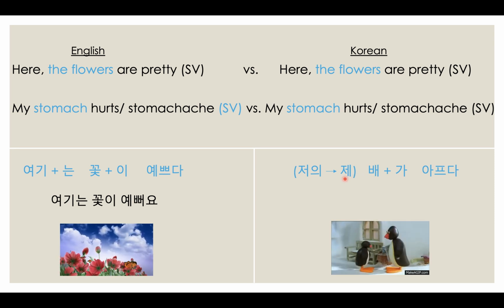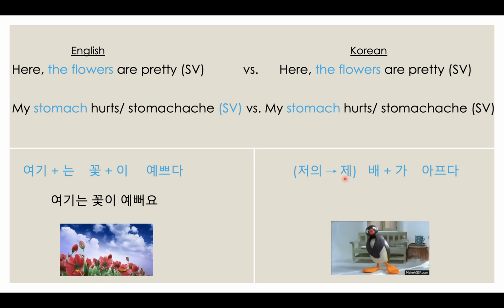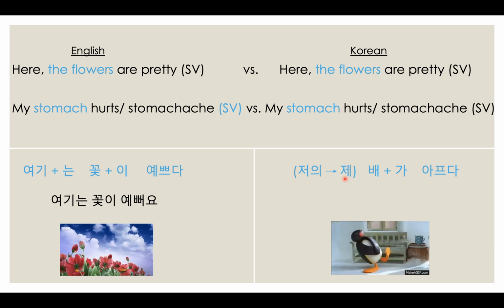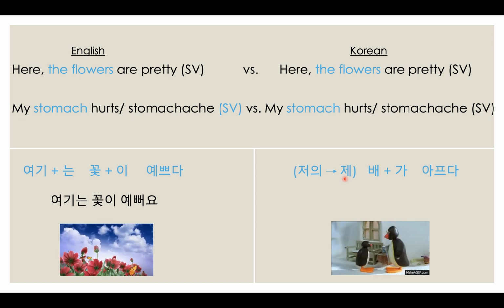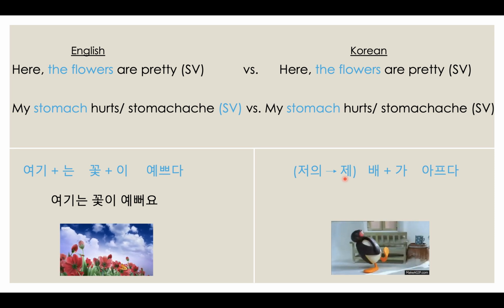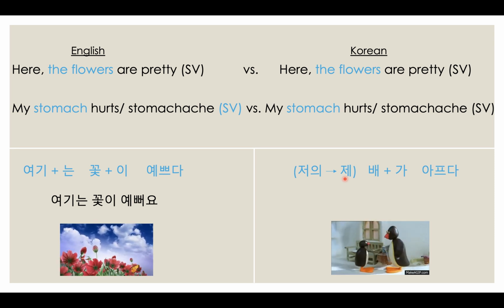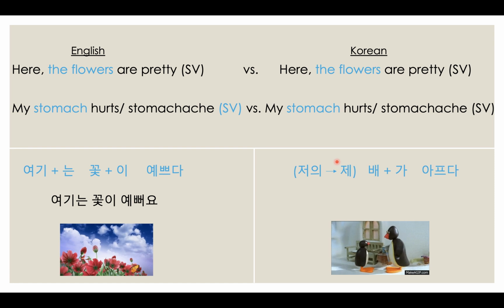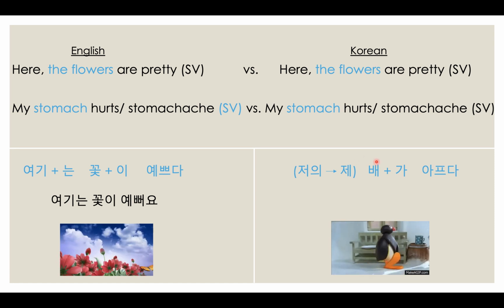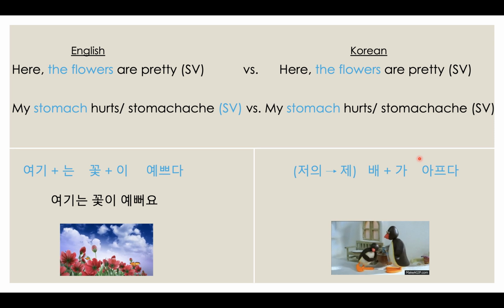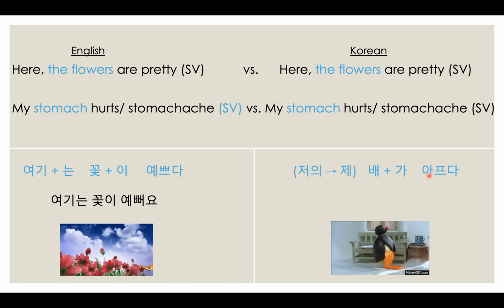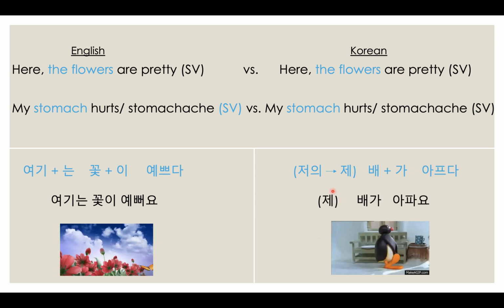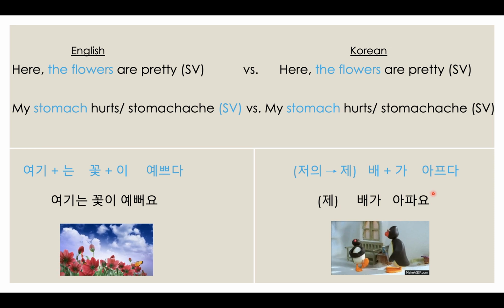And in Korean, oftentimes if it's clear in context who's being talked about, the person being spoken about, the person spoken to, etc., then you can often just omit a pronoun. So it's optional here, because you can either say 제 배가 or 배가 아프다. 아프다, to be hurt or to be sick. So conjugated, it would be (optional 제) 배가 아파요.